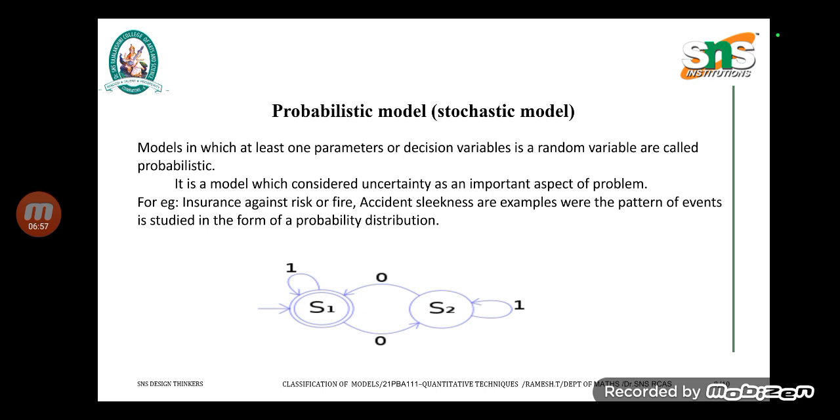It may be a success case or a failure case, both are included, but only one of them happens. It is a model which considers uncertainty as an important aspect of the problem. For example, an insurance agent's risk of fire, accident, or sickness are examples where the pattern of events is studied in the form of a probability distribution.